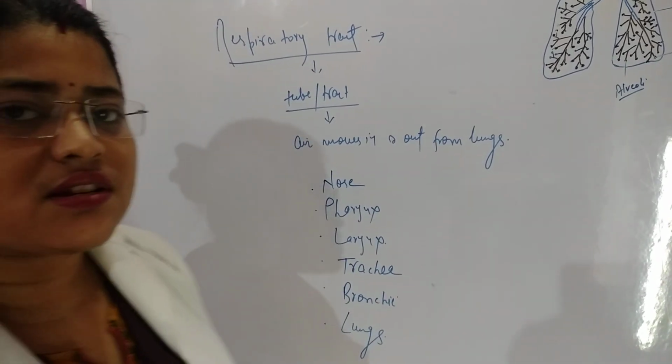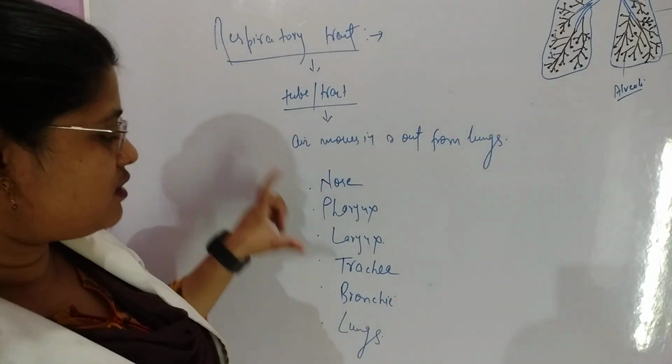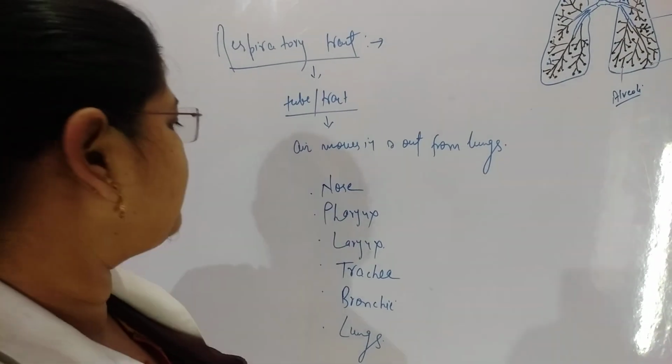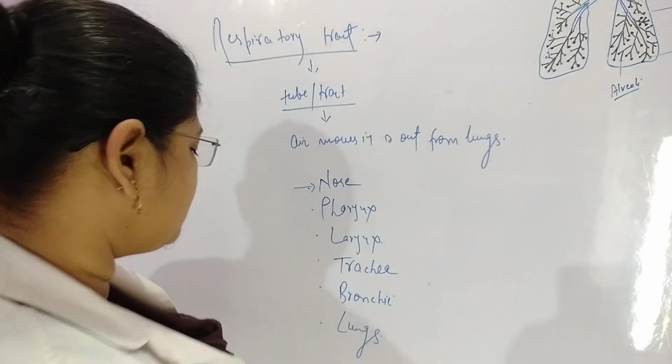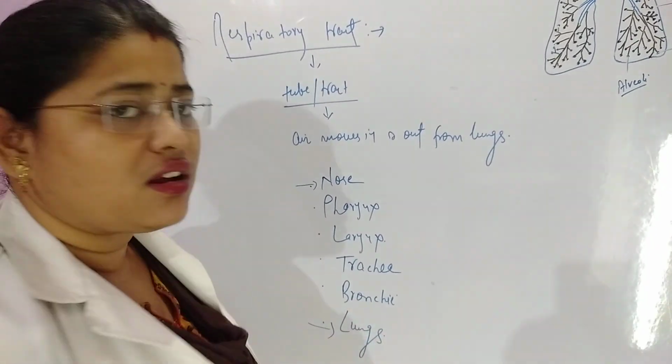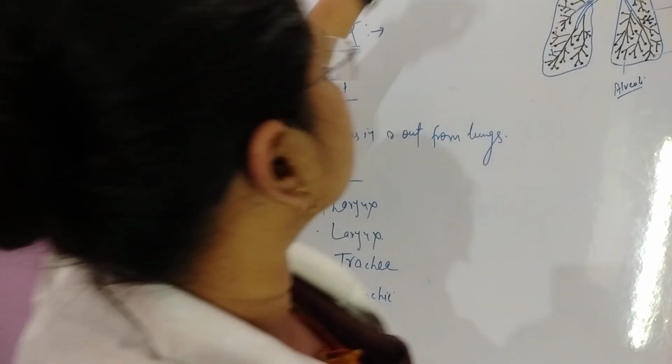These are the structures included in the respiratory tract. It begins with the nose and ends at the lungs.